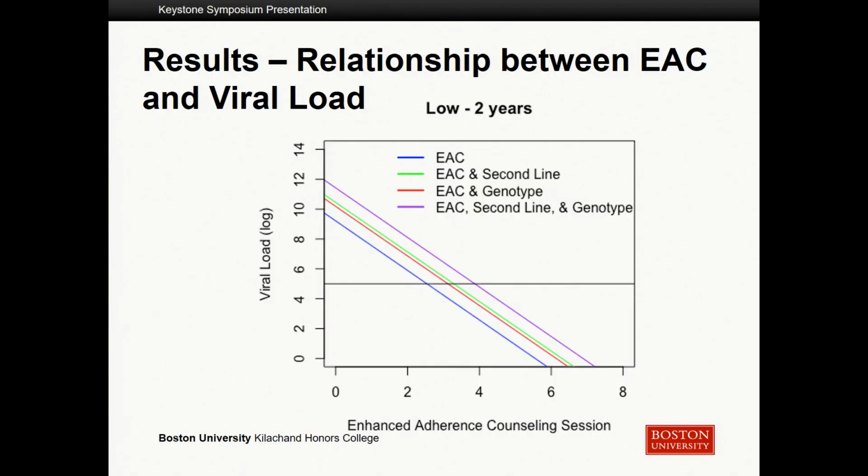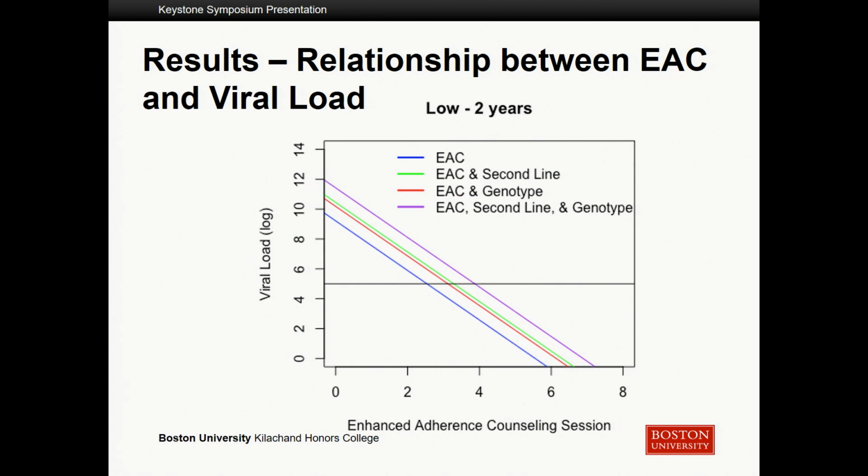So your blue line is the simplest one. It's the enhanced adherence counseling session on your x-axis and your viral load on your y-axis. The line that is horizontal at 5, that is what is considered virally suppressed. So that is below 1,000. And so it shows that as you do more sessions, theoretically, the model predicts that your viral load will decrease.